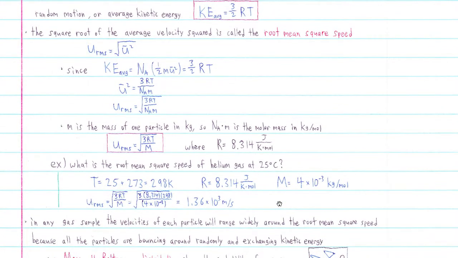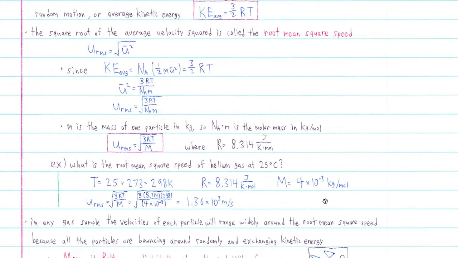So for example, we can find the root mean square speed of helium gas at 25 degrees Celsius. So all we have to do is find the Kelvin temperature, and then we know the universal gas constant R with 8.314 instead of 0.0821. And then the molar mass of helium is 4 grams per mole.